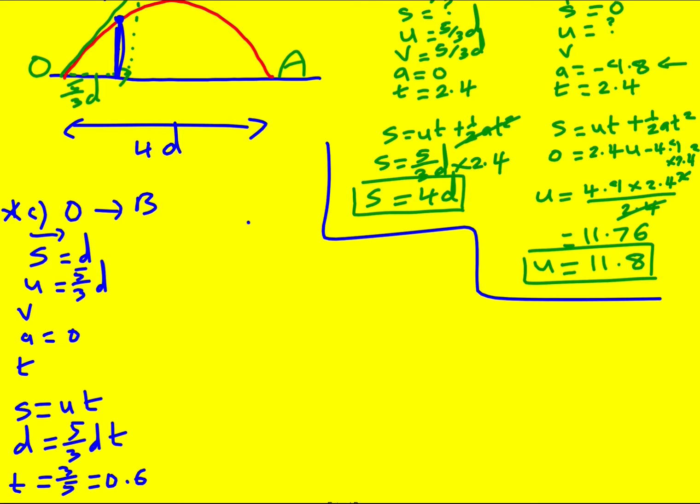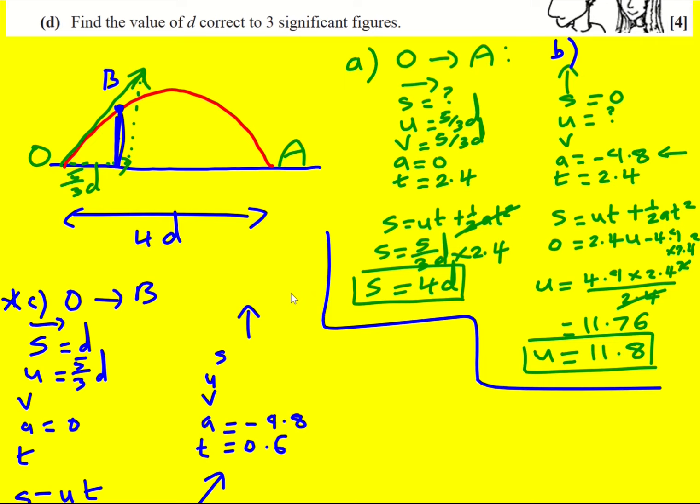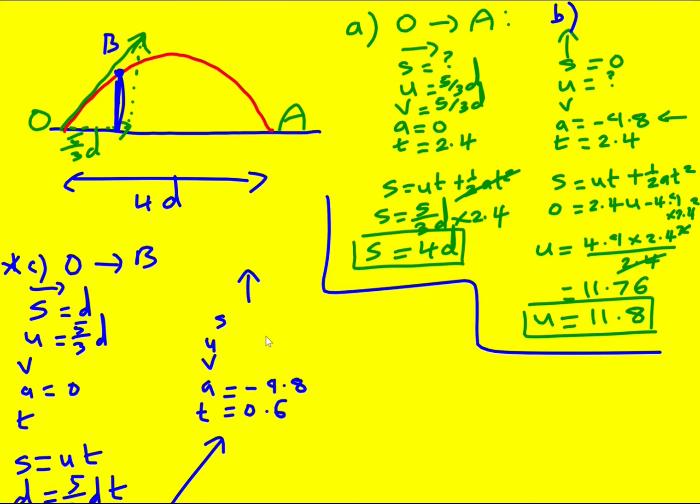I can bring the vertical component back in now. So applying suvat up, that 0.6 is the link into the vertical part. It's still 0.6 here. a is still minus 9.8. And now, remember, I know the initial vertical velocity, 11.76. I'm not going to use the 11.8, that was just a rounded version.